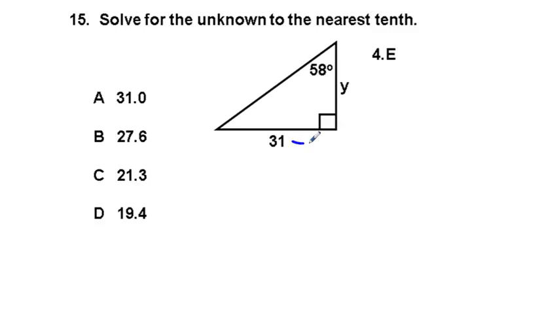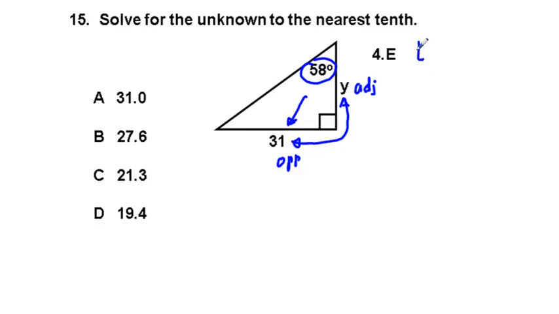Well, here are the two sides we have. Okay, this is our angle, 58 degrees, and 31 is our opposite. So, to find our equation, we have our adjacent side here, which is y, our unknown, and our opposite side, which is 31.